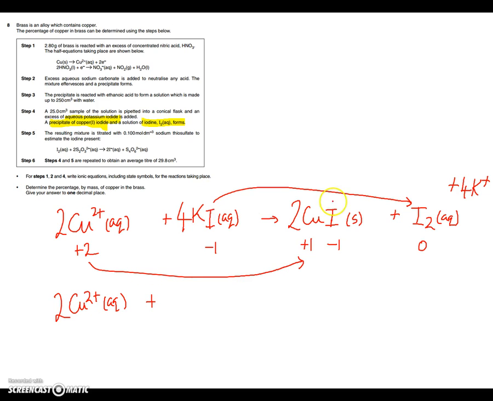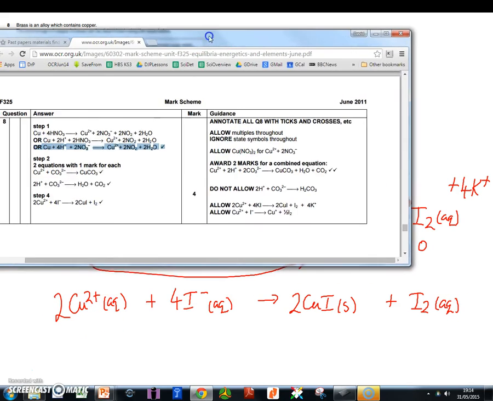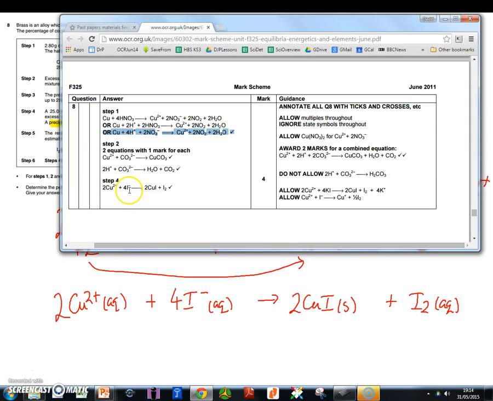Potassium ions don't do anything, so we've just got 4 I-, aqueous, becoming 2 copper iodide solid, and then I2 aqueous. Okay, so if we just check that with the mark scheme, 2 copper ions, 4 iodides, 2 copper iodides, and iodine. So that's what we'd expect.